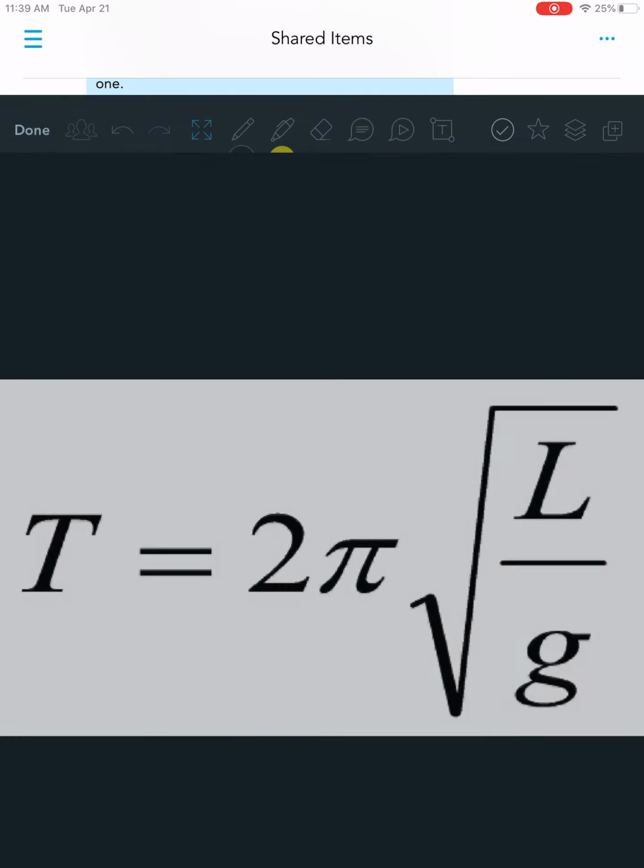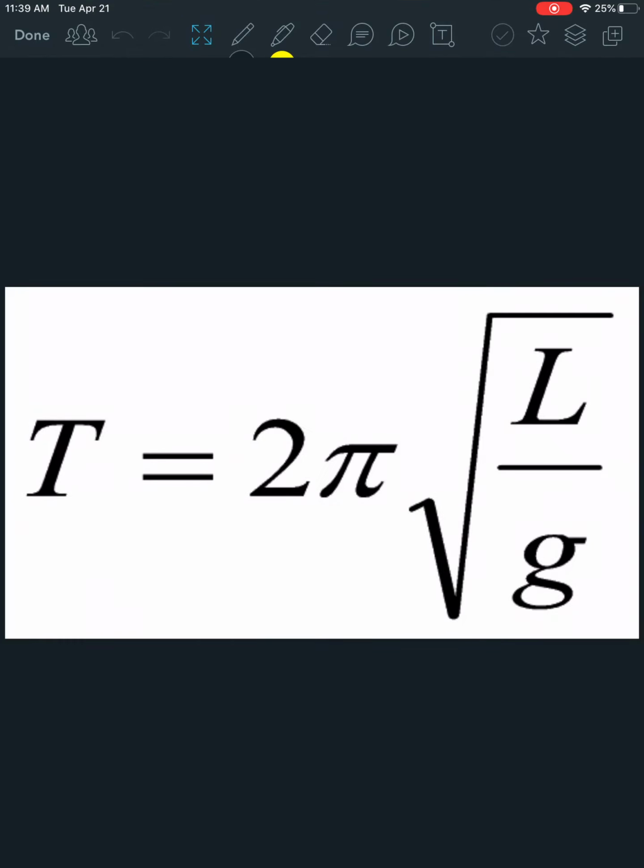That requires this formula, T equals 2 pi times the square root of L over g. So for T, you would plug in 2.5, and then you can solve for L.